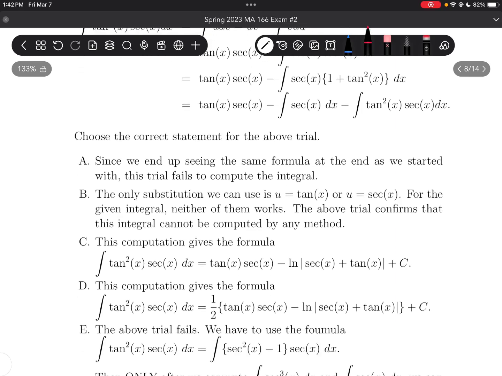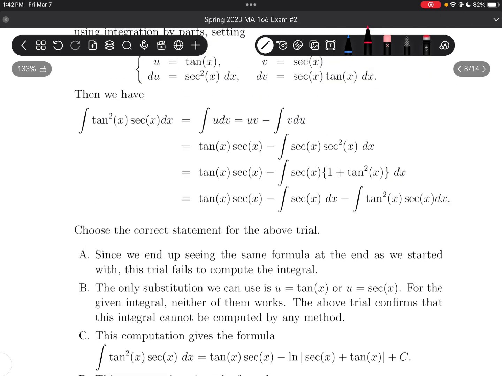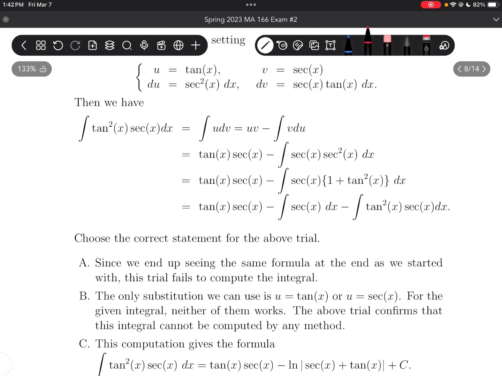Okay, so of the options available, maybe before we look at the answer choices, let's try to see if we can simplify this answer that we're given. So the first thing we can notice is that this integral here on the left-hand side is equal to this integral here on the right-hand side.